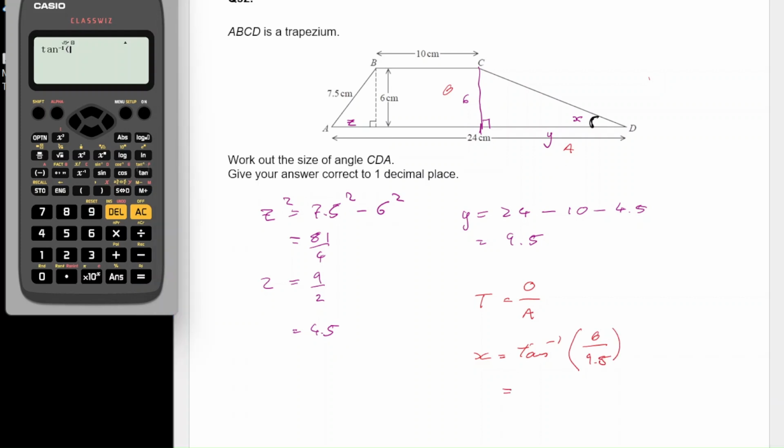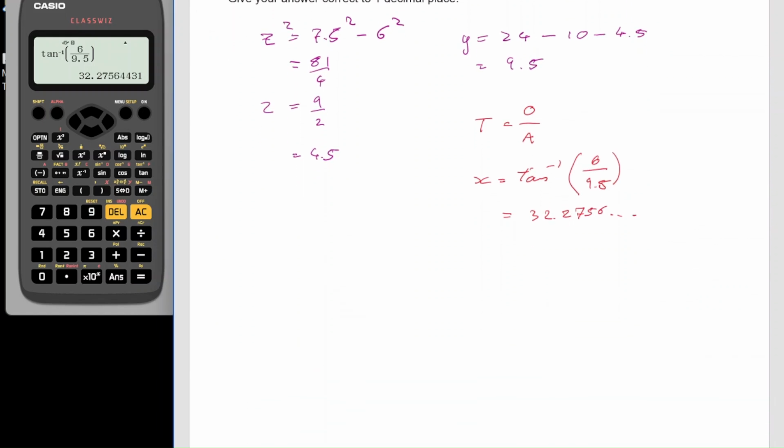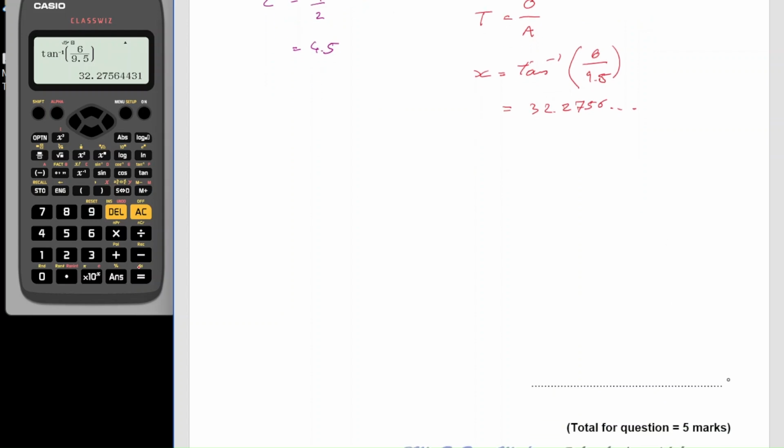So shift tan, 6 over 9.5 as a fraction, close bracket, equals 32.2756... So to one decimal place, that's going to be 32.3.